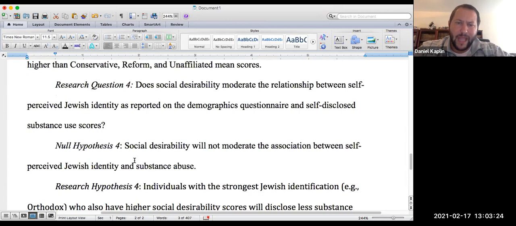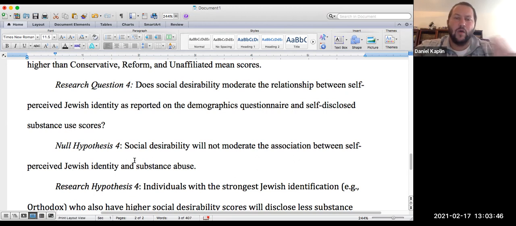Lastly, I did find a significant regression analysis. So even after we accounted for social desirability, religious belief and practice was a statistically significant predictor of the rates of substance use.